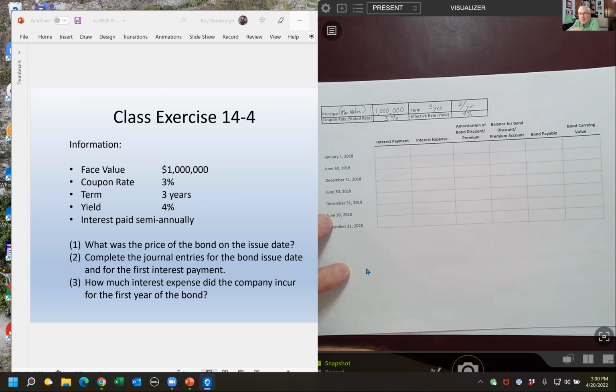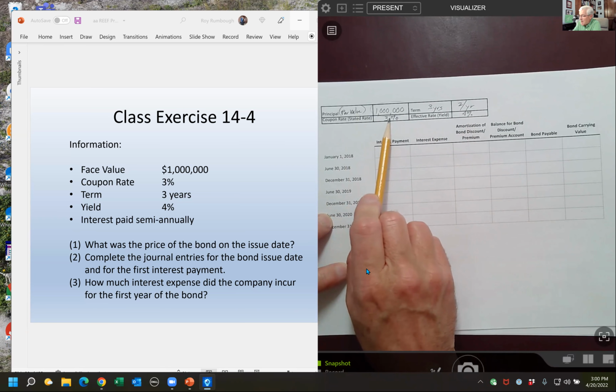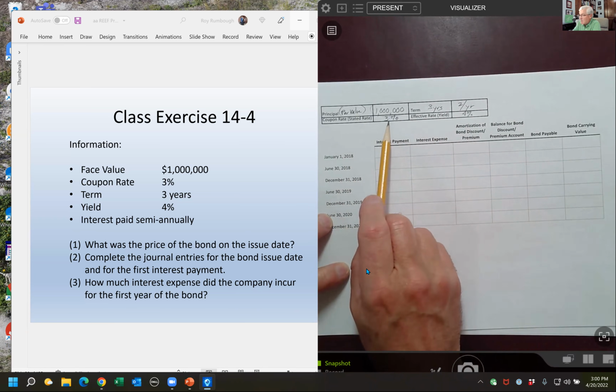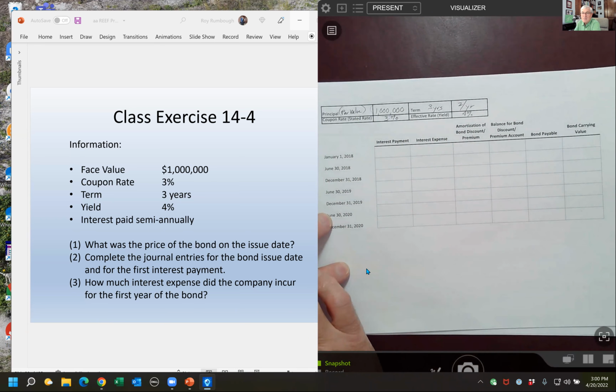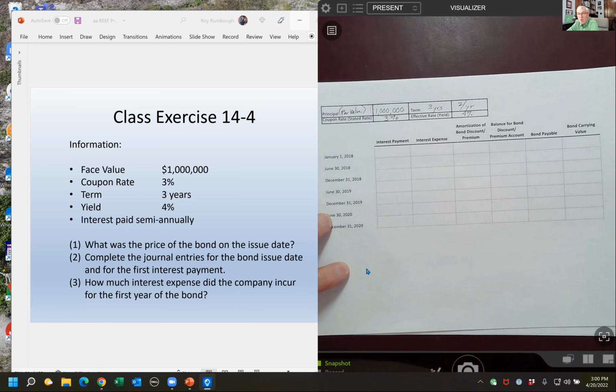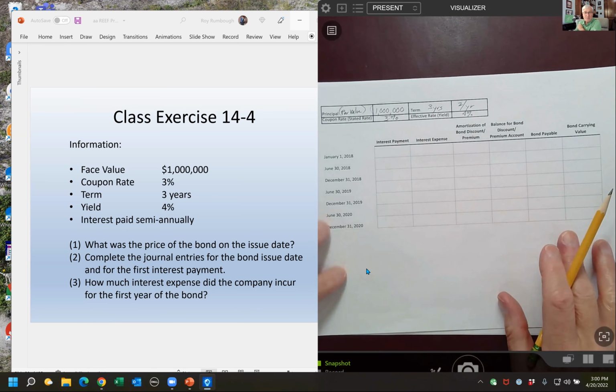And you can do all the time value of money calculations you want at 4%, and you're going to come back to a present value of $1 million. But that's only because we're paying at the market rate. We end up at a discount because we're paying less than the market rate. We end up at a premium if we're paying in the future more than the market rate. That should make sense, hopefully, to you.